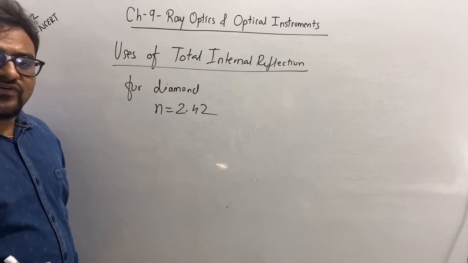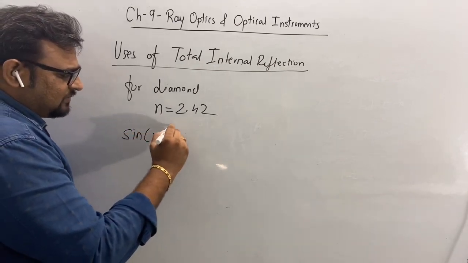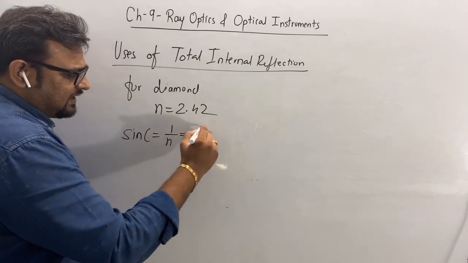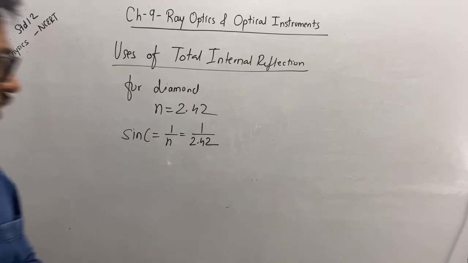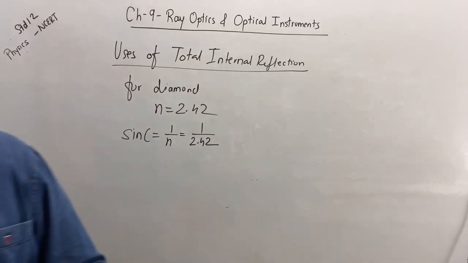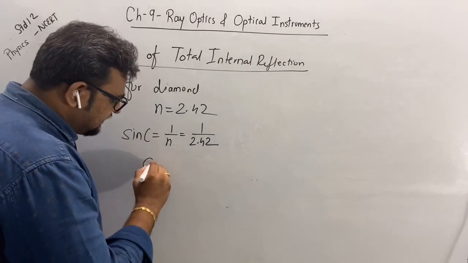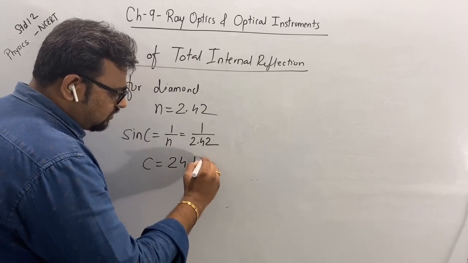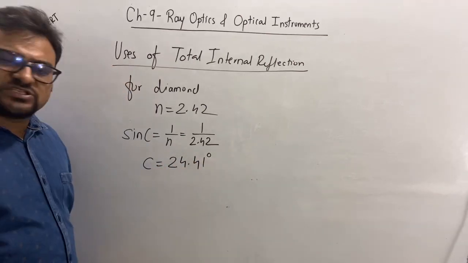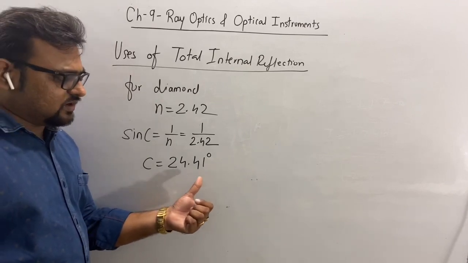So if I find the critical angle, sine C will be equal to 1 by n, so it's 1 upon 2.42. So we get the critical angle C approximately 24.41 degrees.